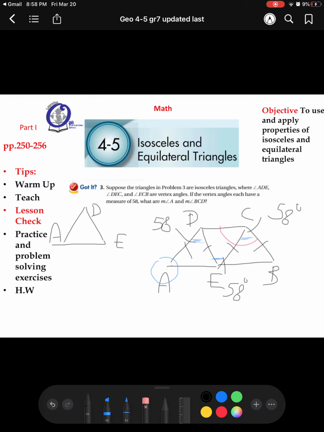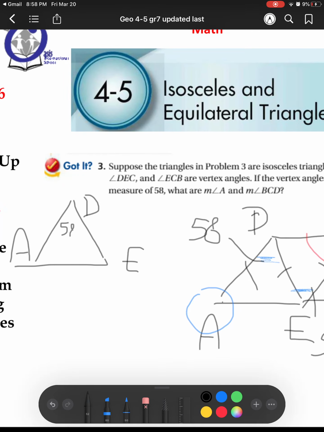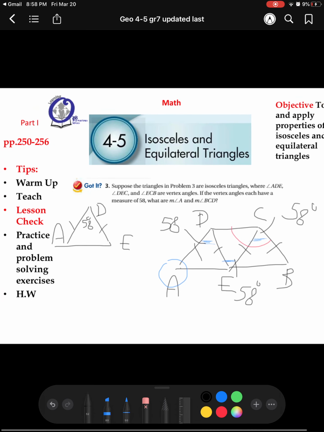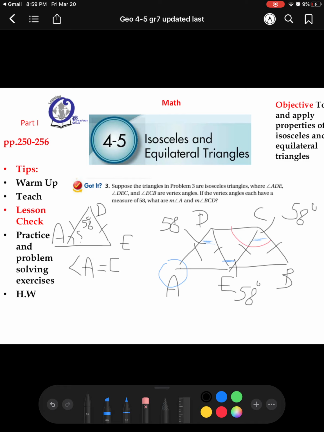The measure of D is 58. And this is an isosceles triangle, right? What's the measure of this angle? I don't know. We have a theorem related to the isosceles triangle telling you that angle A is congruent to angle E, right?